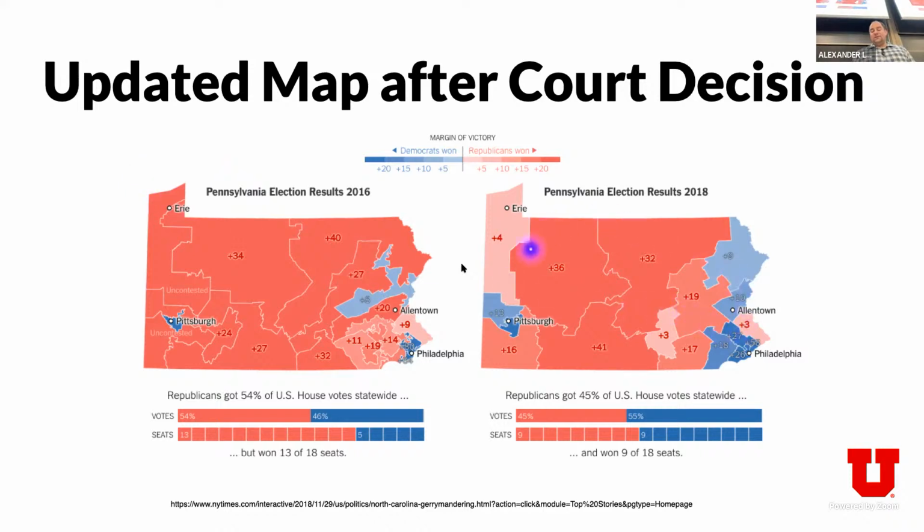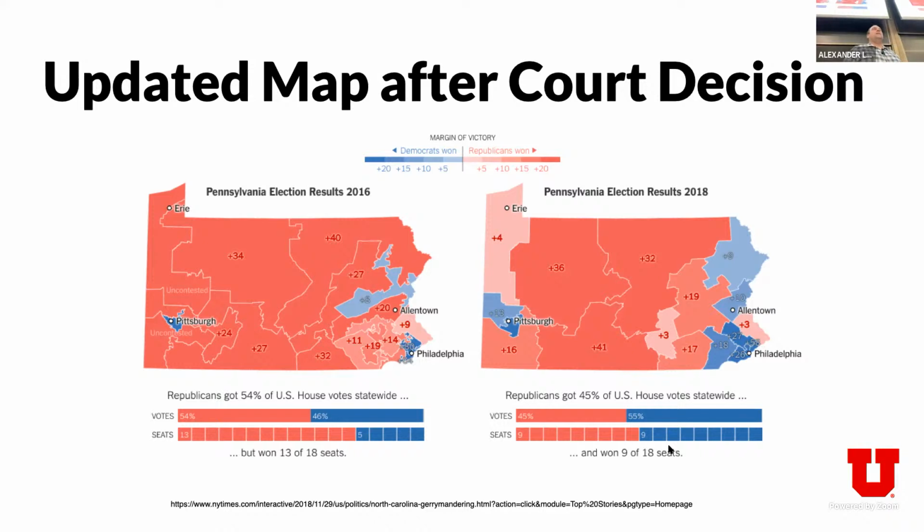And you can see that the districts look much more natural, and there are some starker differences, right? We can analyze this in detail, but in the end, we can see that in the first case, Republicans won 55% of the House votes and won 13 of 18 seats, which is way more than 54%, right? And in the other one, they won 45% of the House votes and still won 9 of the 18 seats, right?